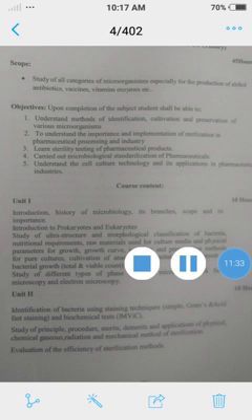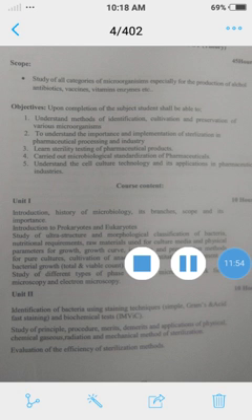Then Unit 2: identification of bacteria using staining technique. There are different staining techniques used for identification of bacteria. First technique, simple staining technique. Second, Gram's staining technique.